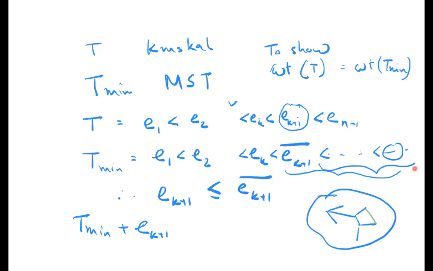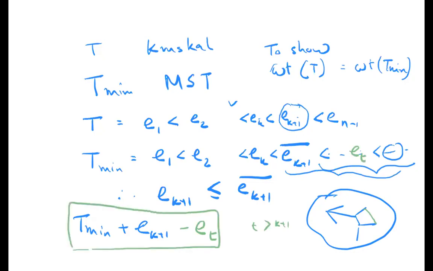So I should be removing an edge ET where T is bigger than K plus 1. Maybe ET is somewhere sitting here, right? So this is another spanning tree, correct?